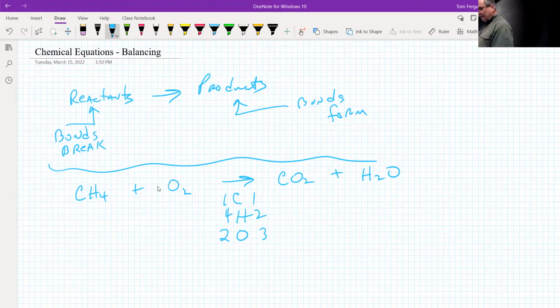So do you have any ideas what coefficients we can change? Look at the hydrogens. We've got 4 on the left. What can we do to the water to make it 4 hydrogens? We'll find it works with a coefficient of 2.